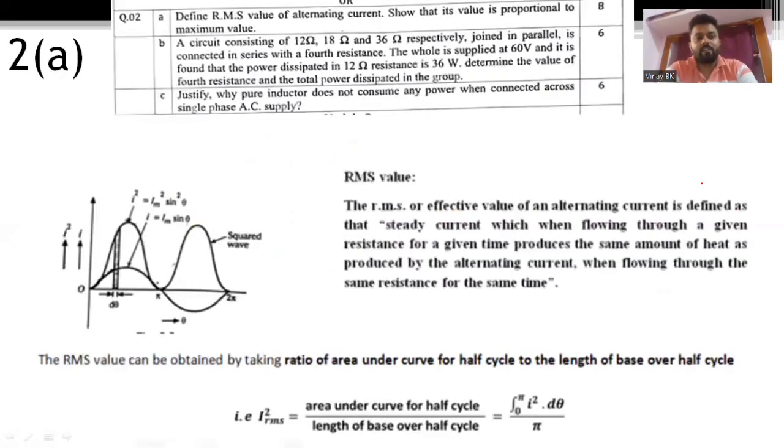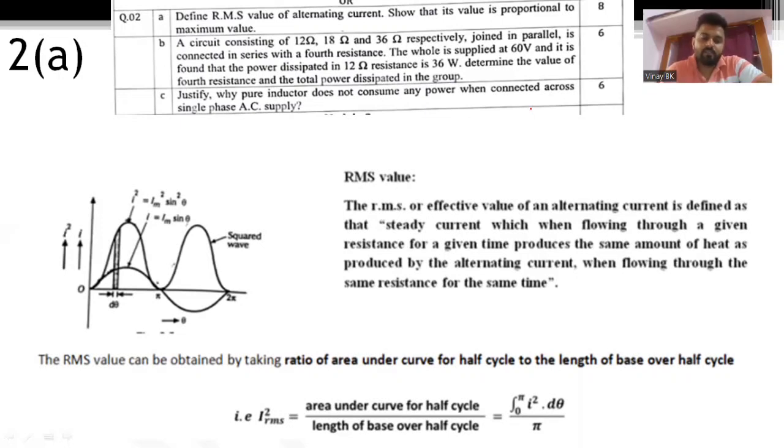Clear? Similarly now 2a, RMS value. They ask to define RMS value of an alternating current and show that this current is proportional to maximum value, that is IRMS is directly proportional to Im.